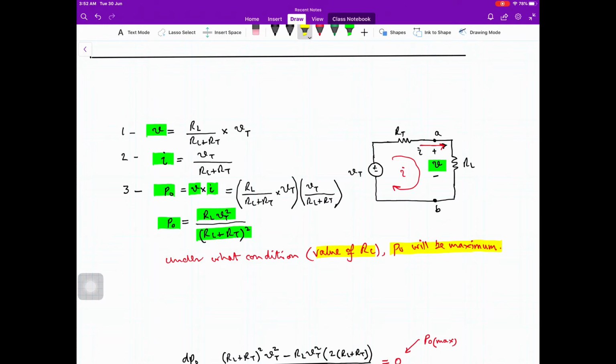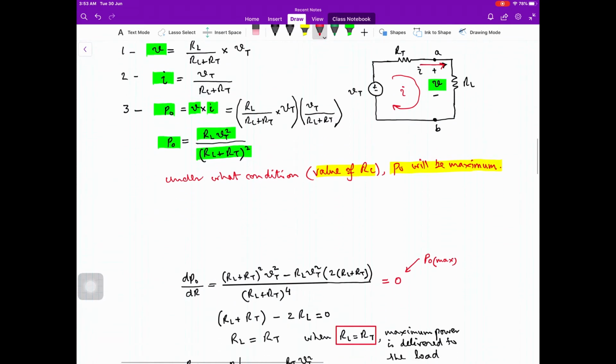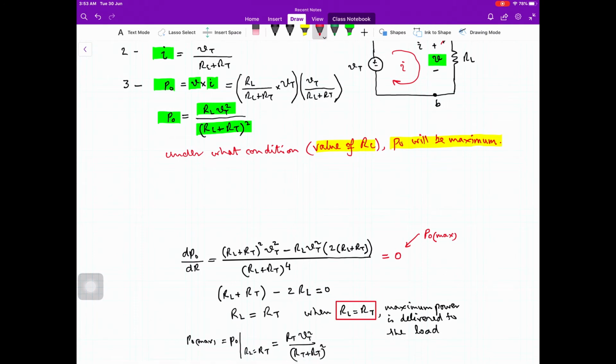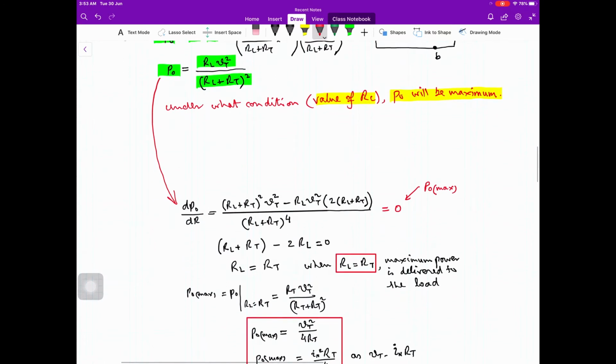We have got the function of power over here. So this is a mathematical method to find the maximum value of a function by differentiating the function with respect to a variable. In here, our variable is load resistance. So we differentiate power with respect to RL.